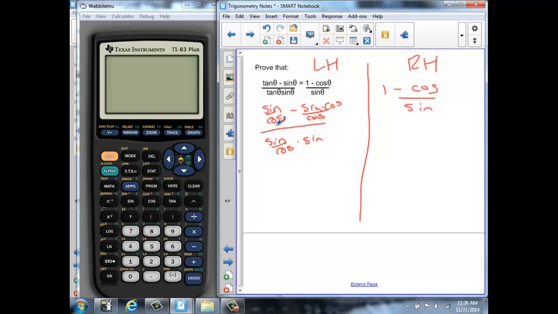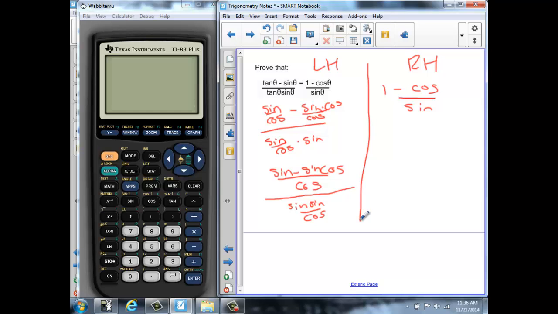Just the top, though. So in my next step down, I have sine minus sine cos over cos, over, and then this guy right here as a fraction, I could write as sine sine over cos.